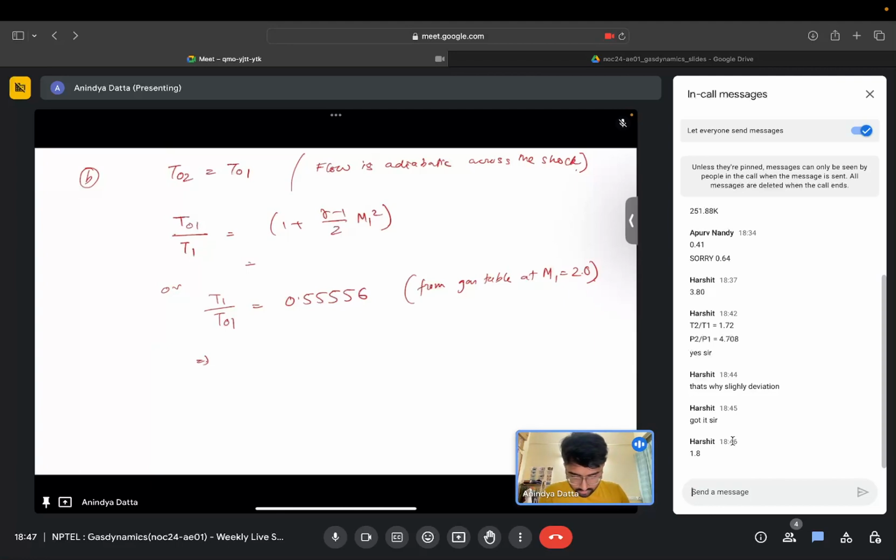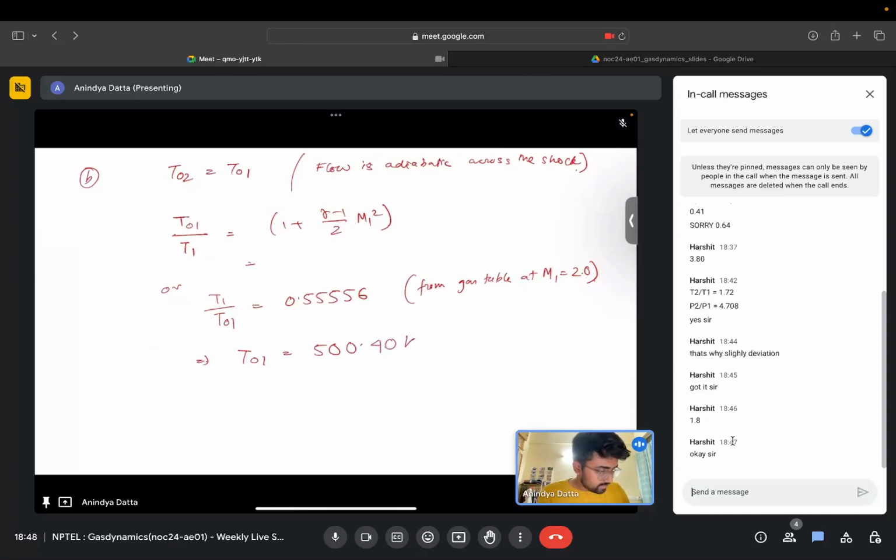So what we'll get is T01 approximately equal to 500.40 Kelvin. So T02 is also equal to 500.40 Kelvin.